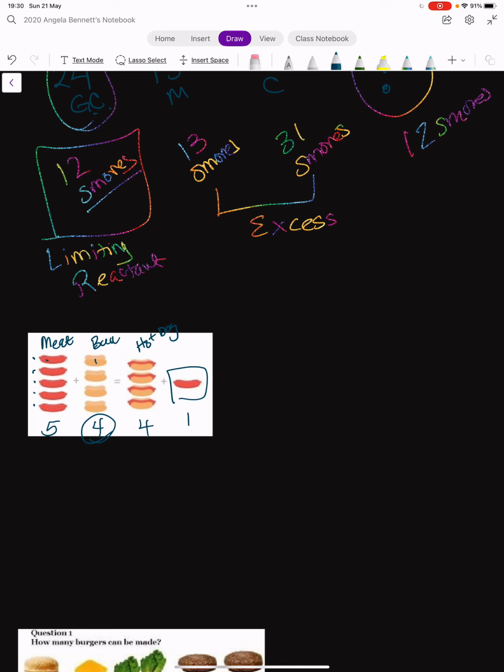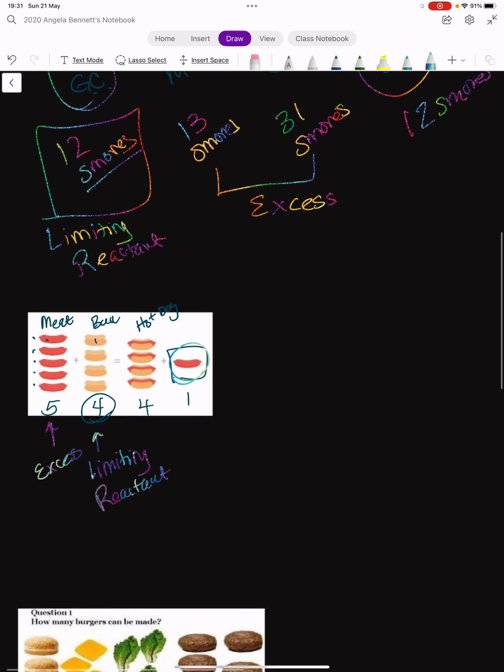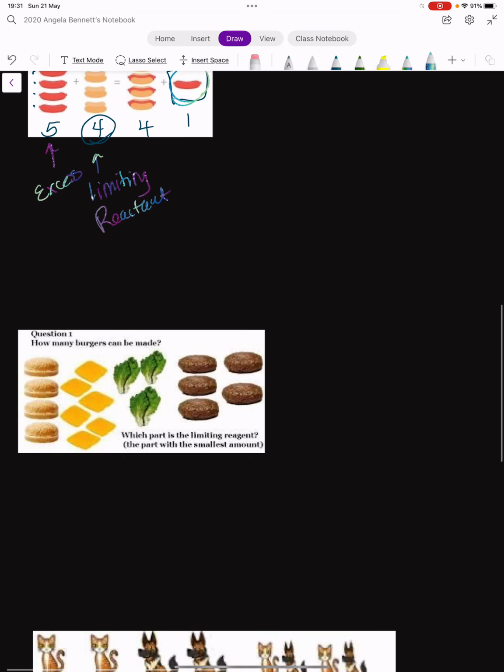So in this particular case, the bun is my limiting reactant, and the meat part of the hot dog is my excess. And how much excess? In this case, there's 1 left over. Sometimes you get asked how many are left over, sometimes you don't. So just be aware.